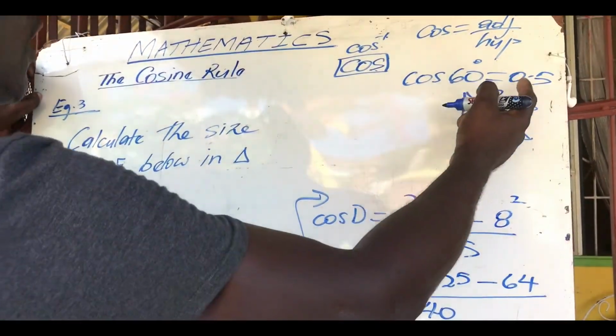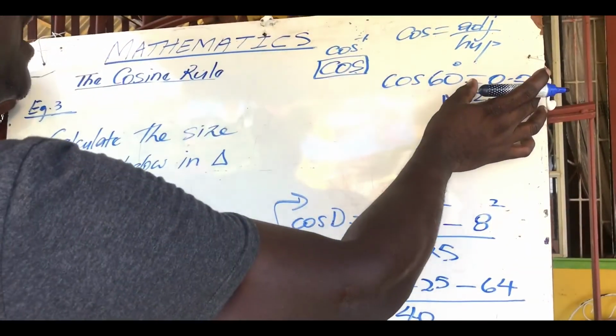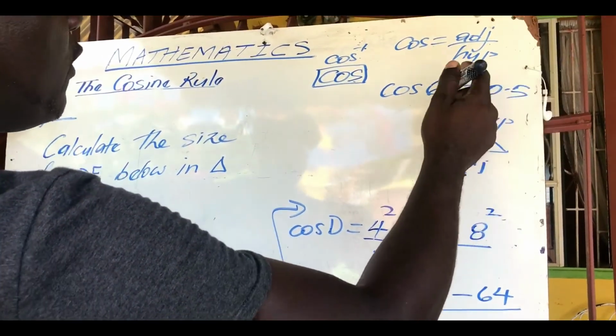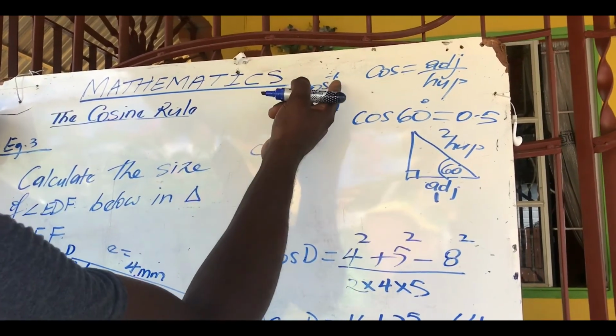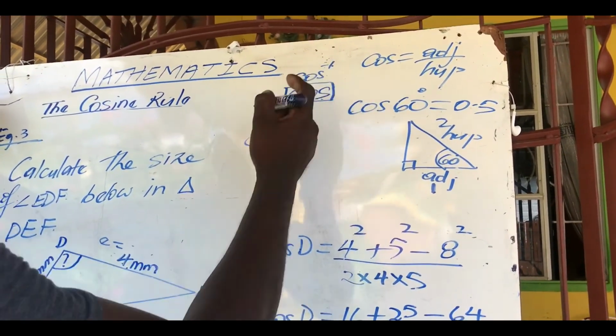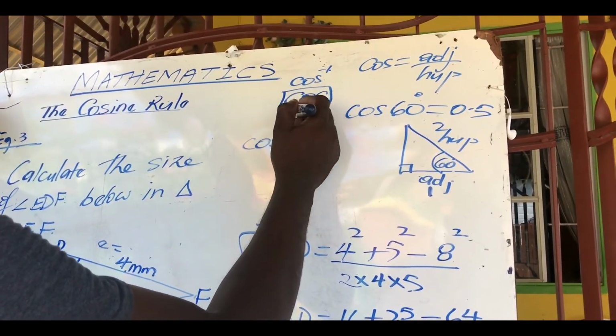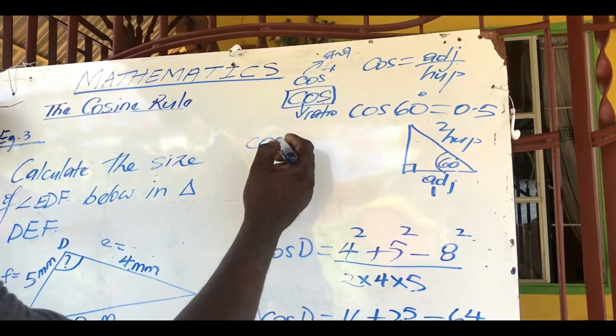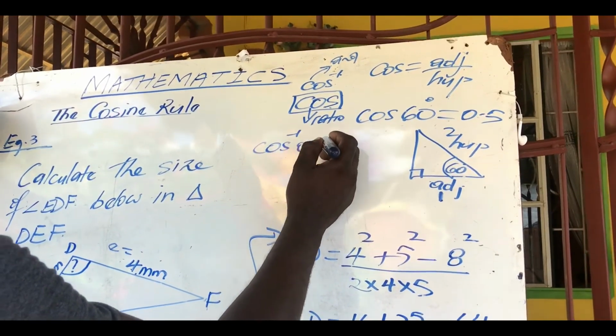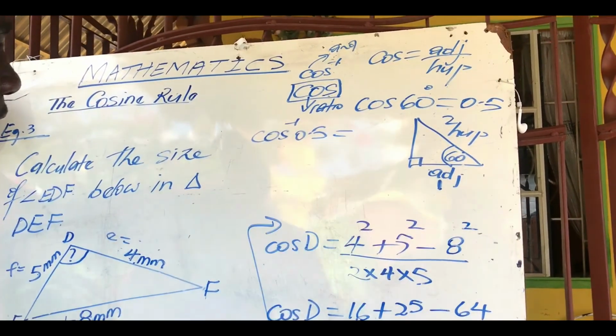Okay? But what if we got the ratio being 0.5 and we want to find back the angle? So we'll have to now access cos inverse, because this gives us a ratio while this gives us the angle. So you'll have to press cos inverse of the ratio to now get the angle.